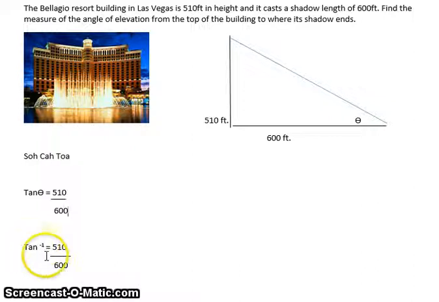So you would do inverse tangent of 510 over 600, and that would give you an answer of 40.364. But to round that answer, you would get 40.4 degrees.